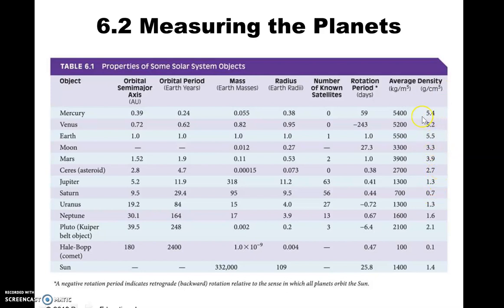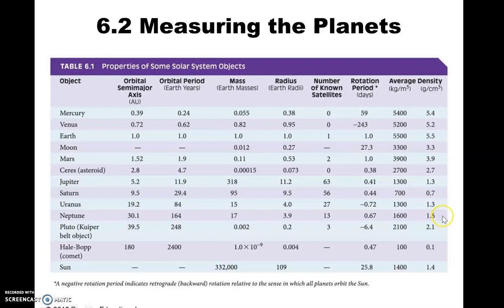For example, if we look at the inner worlds, including the Moon, notice they're all more dense. The Earth is the most dense of the inner worlds at 5.5 grams per cubic centimeter. And then when you get out to Jupiter, notice Jupiter is a little more than 1. Saturn's actually less than 1. So Saturn has less density than that of liquid water.